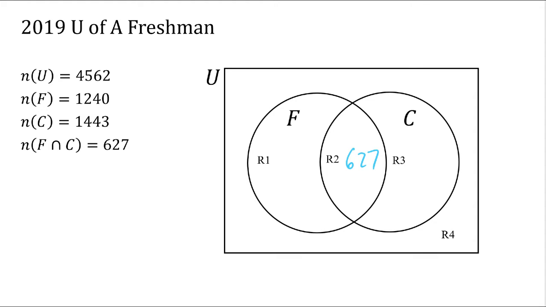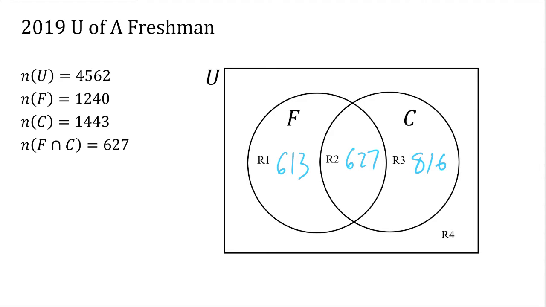That's going to give us 613 students in region 1. We're then going to take the number of students in English composition, 1,443, and subtract out the 627 students that were also in finite, region 2. That's going to leave us with 816 students in region 3.